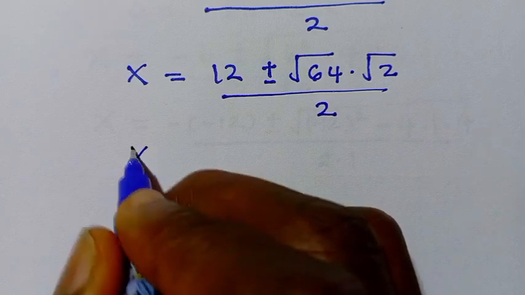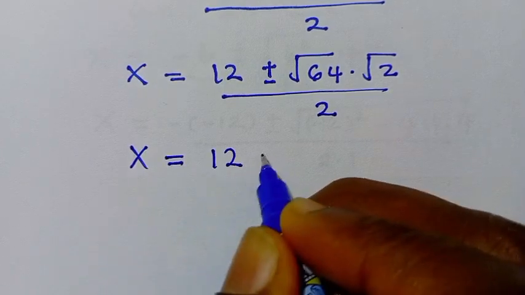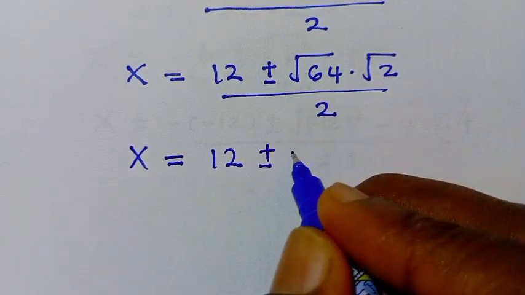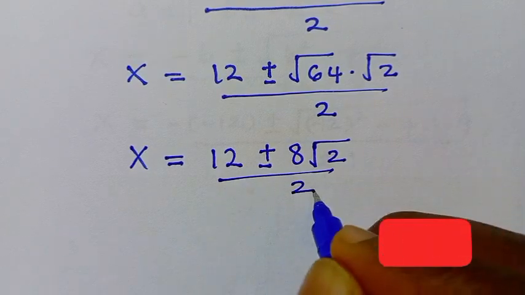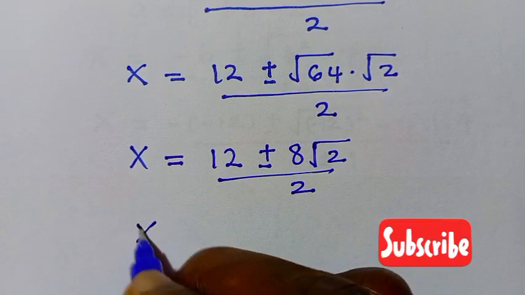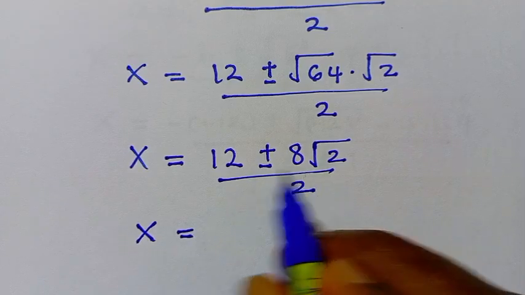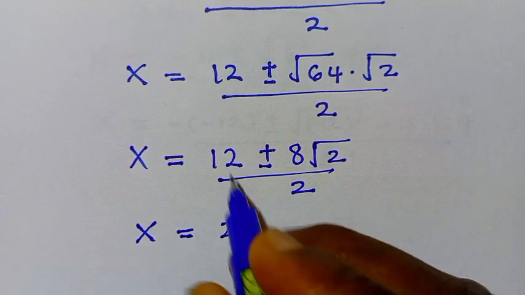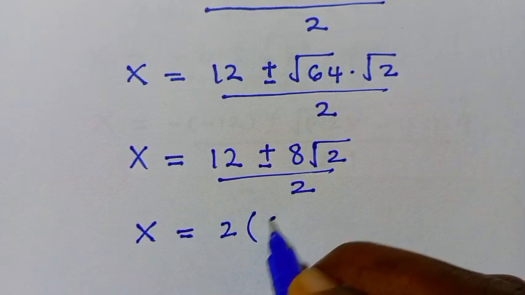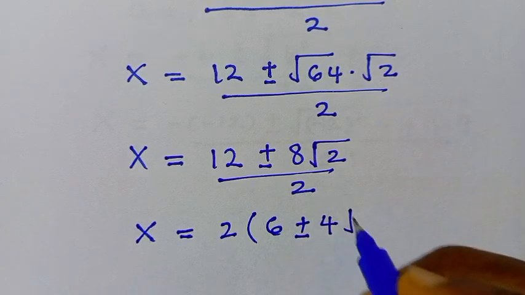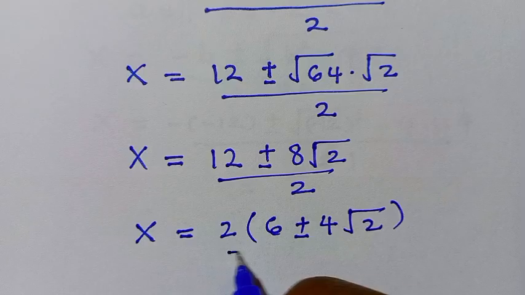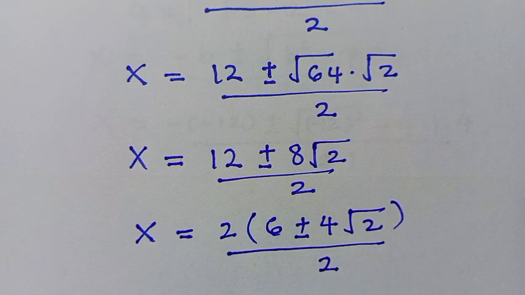And next we have x equals 12 plus or minus square root of 64, that is 8, multiplied by root 2, divided by 2. So here we have x equals, when we factor out 2 from here, when we divide this one by 2, we have 6 plus or minus, when we divide this one by 2, we have 4 square root of 2, divided by 2.